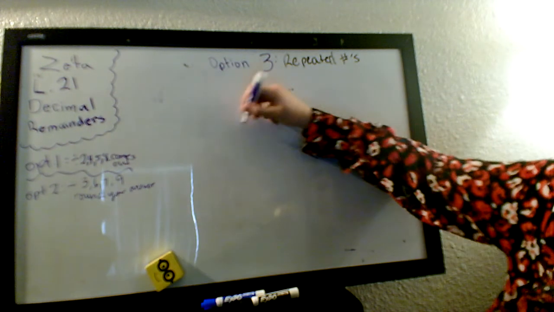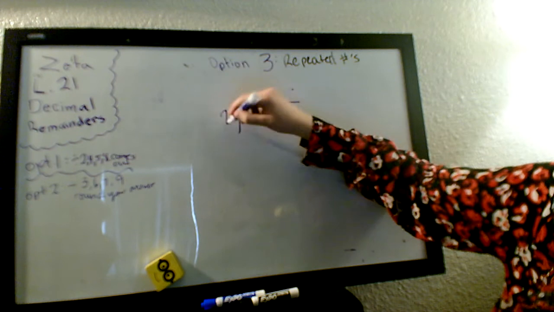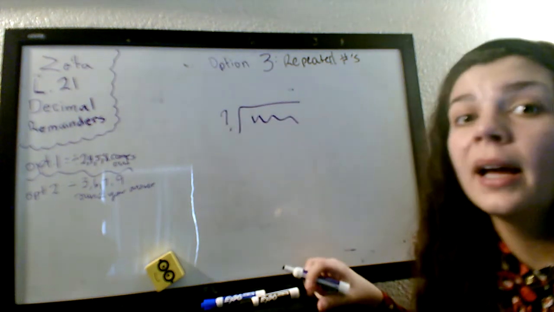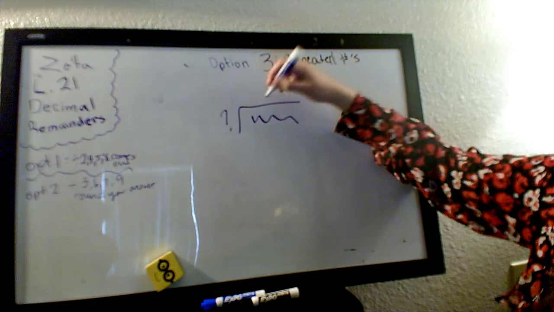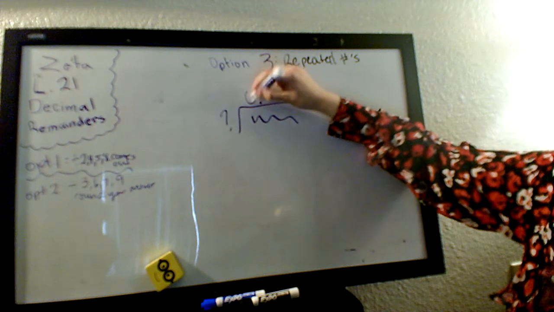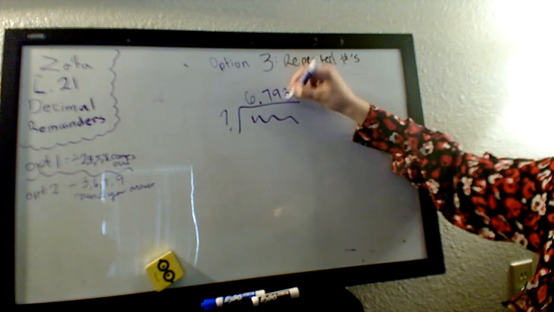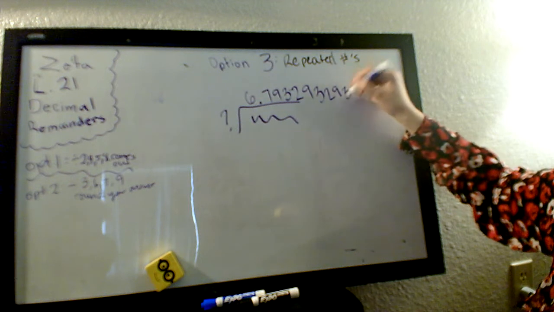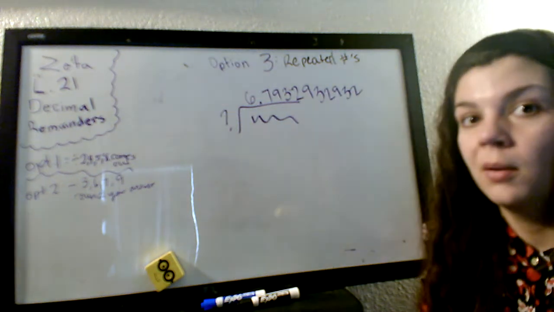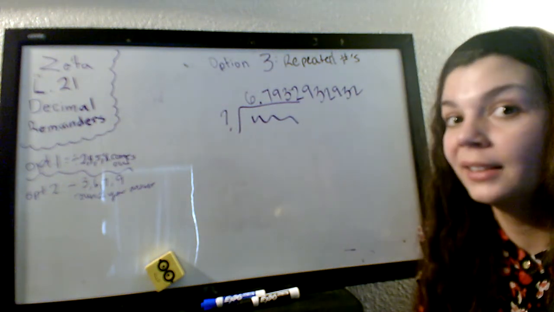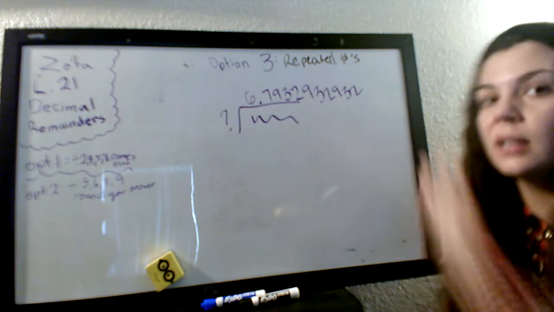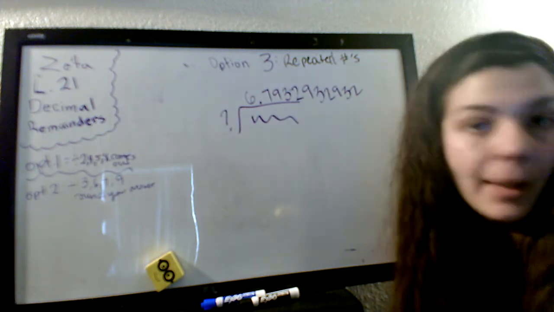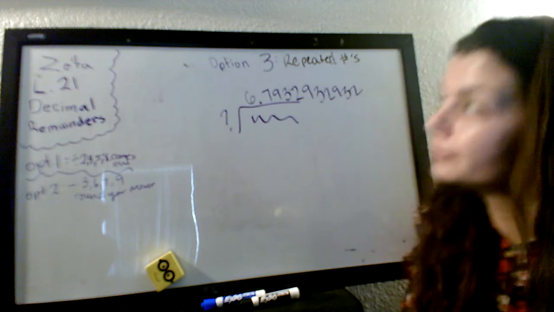If we had a mystery number here and numbers here, and say you had all of your work down here and your answer was 6.7932932932932, what would you do with that? You just had to keep going and then you suddenly saw a pattern. Do you think the pattern's going to go away? Patterns don't usually go away.